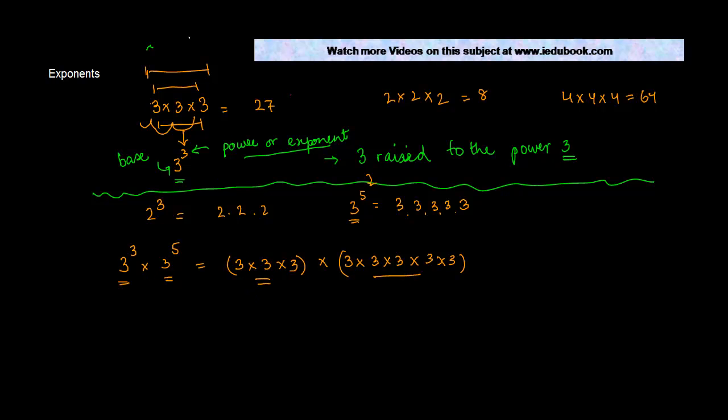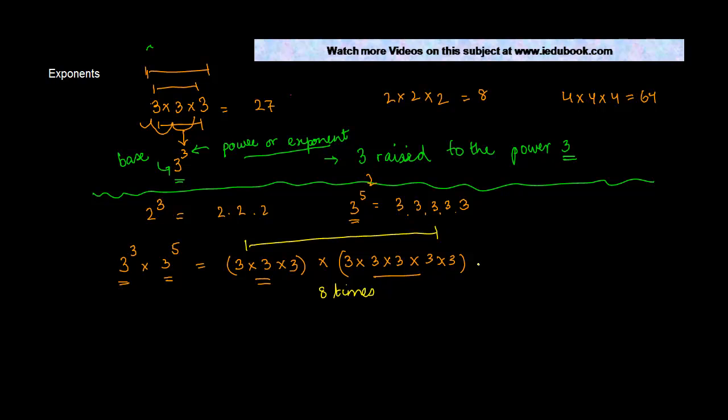But hold on. Effectively, 3 is being multiplied by itself 8 times. 1, 2, 3, 4, 5, 6, 7, 8.